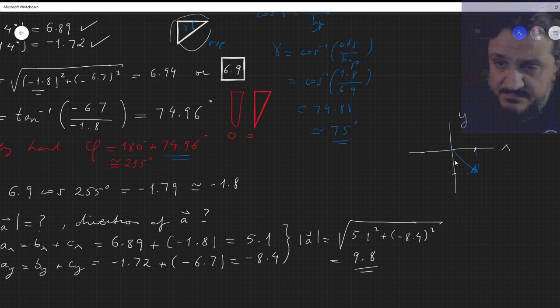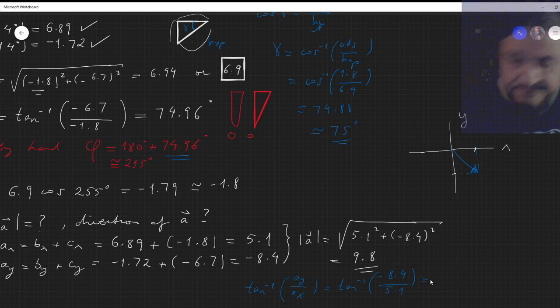And let's use arctangent again. Arctangent of Ay over Ax. So Ay is negative 8.4 and Ax is 5.1. So negative 8.4 divided by 5.1, negative 1.65. Take the arctangent of that.